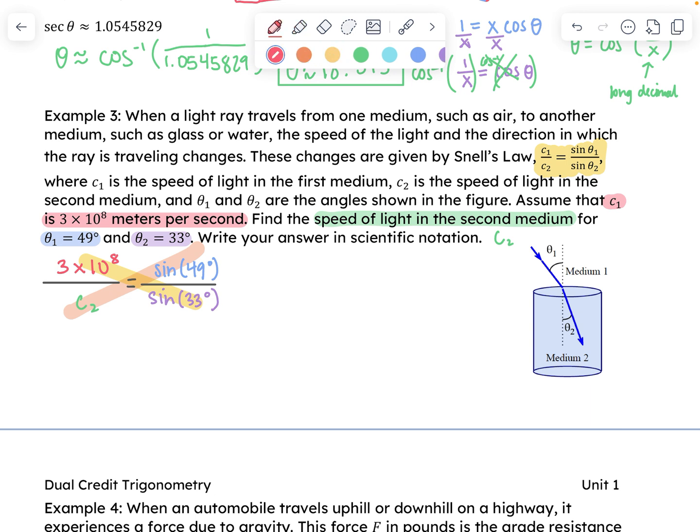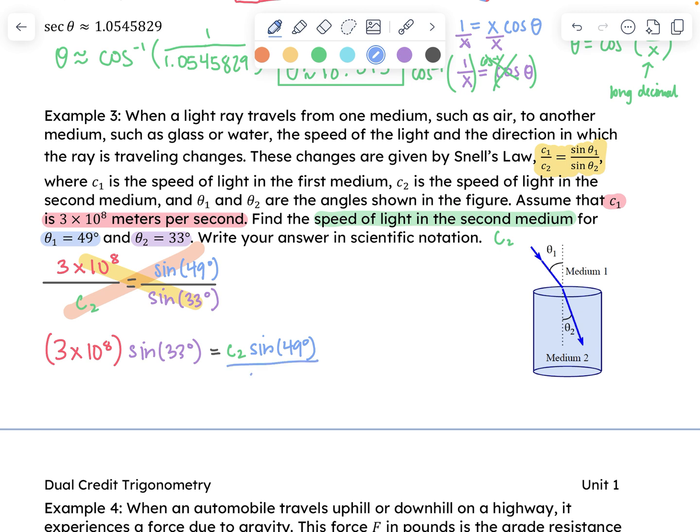That's going to get me 3 times 10 to the 8th times the sine of 33 degrees is equal to my C2 times my sine of 49 degrees. And then from here, we can see that all we need to do to get that C2 by itself is divide by that sine of 49 degrees.